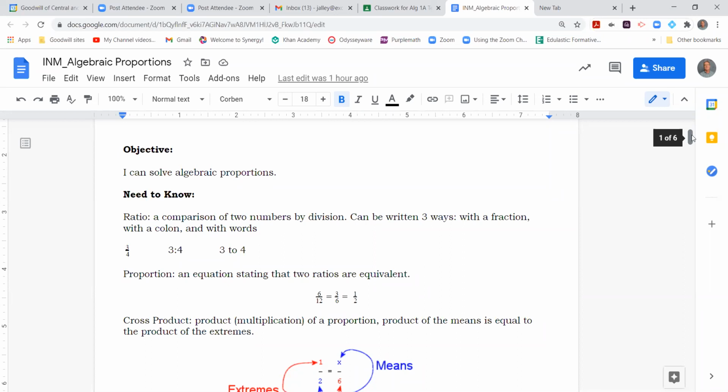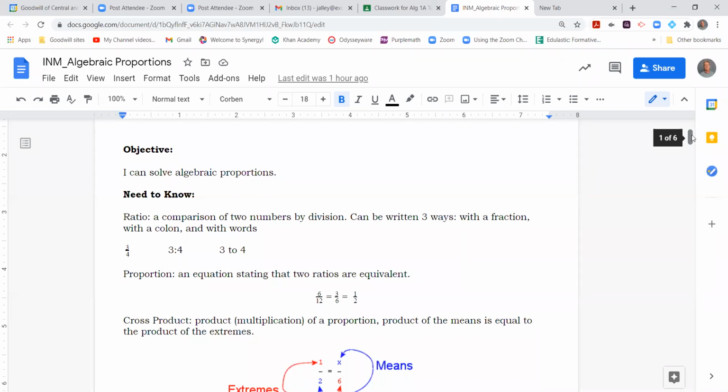Okay, has anybody ever built models? Model cars, model planes, you know, model rockets, any of that kind of stuff. Proportions is all about scale. Think about what architects and engineers have to do.